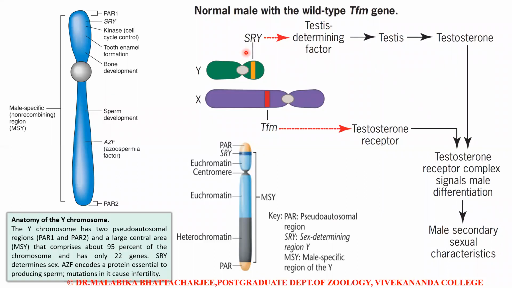One is the human SOX9 gene, which when activated by SRY, so this autosomal gene is also the target of SRY, leads to the differentiation of the cells that form the seminiferous tubules that contain the male germ cells.